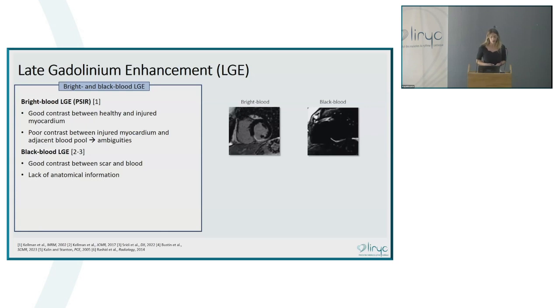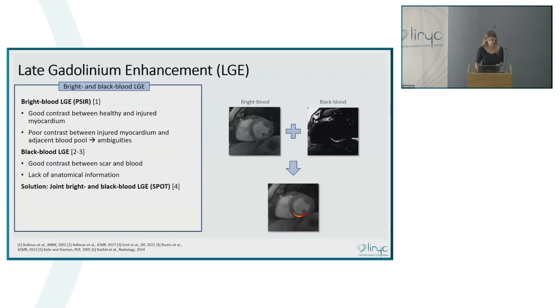That's why black blood LGE has been developed in order to improve the contrast between the blood and the scar tissue, by having both the healthy myocardium and the blood pool being dark, while the scar tissue is bright. But the problem with this method is that we lack the anatomical information. We don't know where this scar tissue is precisely localized, and we need to know that in order to differentiate ischemic from non-ischemic scars.